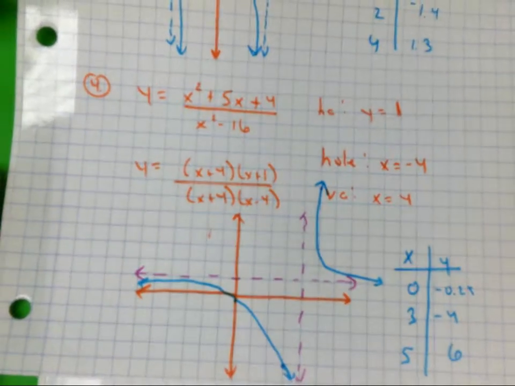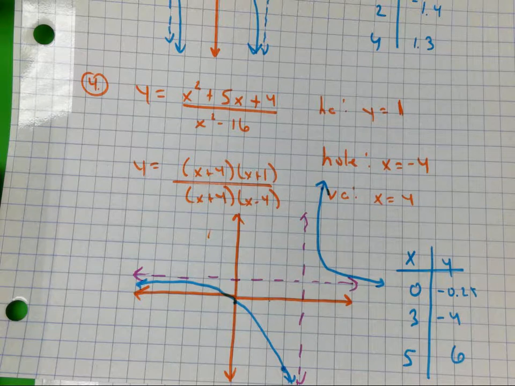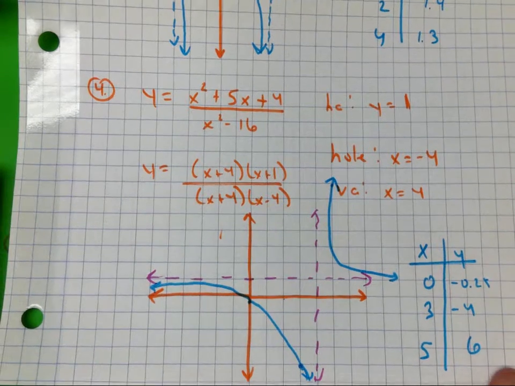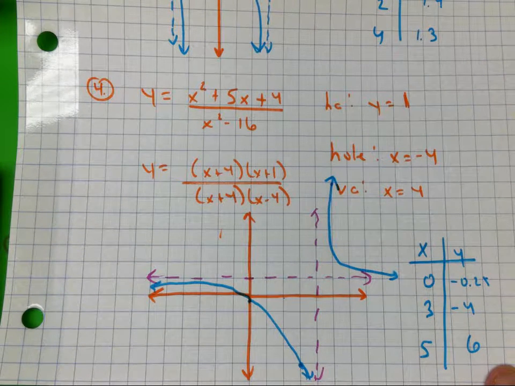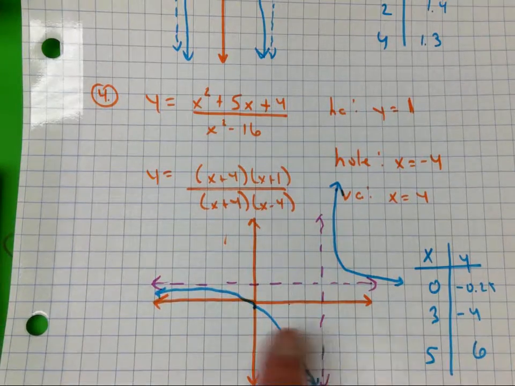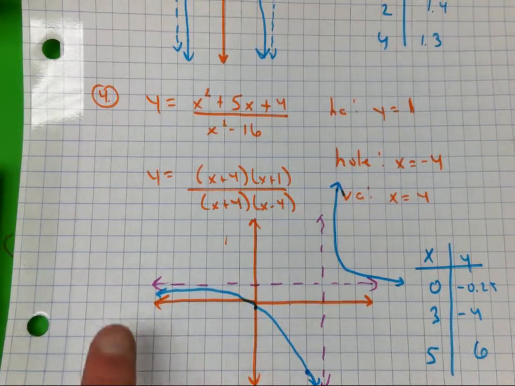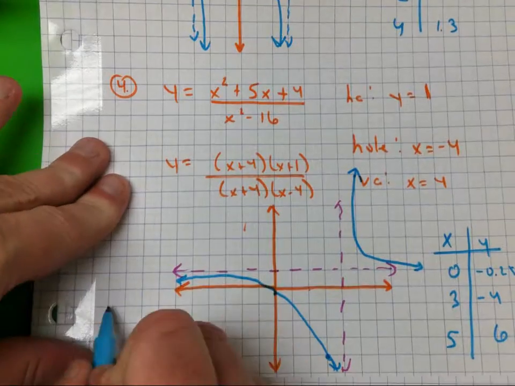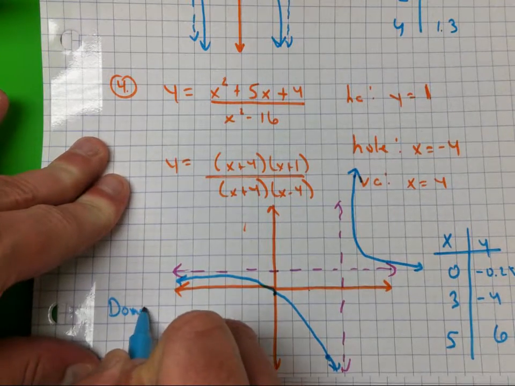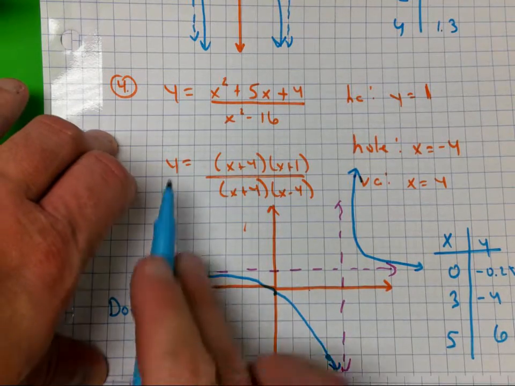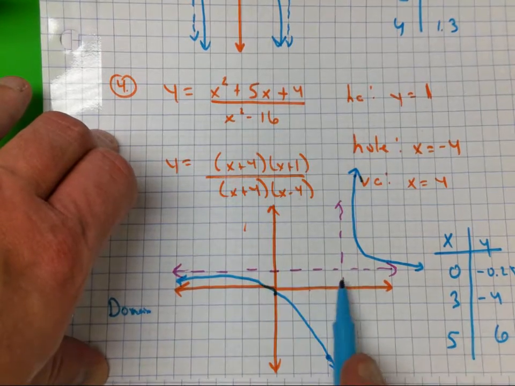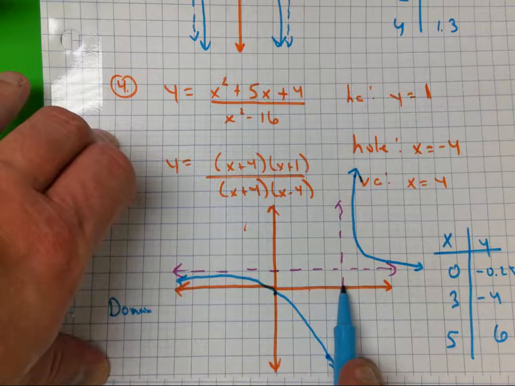And you have a function like that. That's your sketch, your graph. I forgot to talk about the domain and range in the first one, but let's look at number 4, the domain. You start from the left, it's good till you get to this point right here.